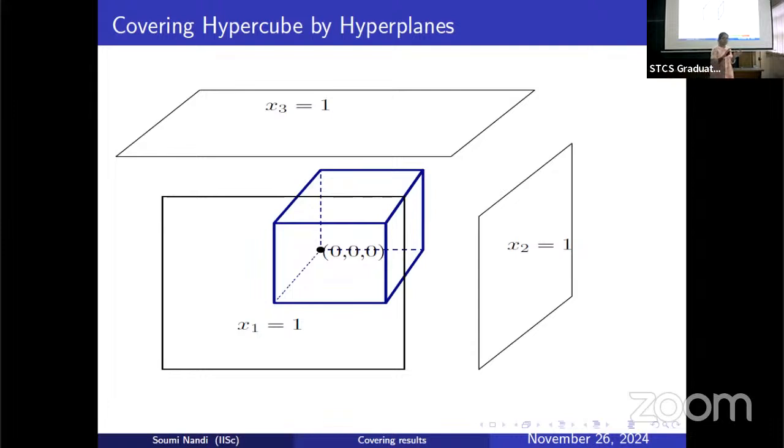So, suppose we have this hypercube and we want to keep the origin, that is all 0, uncovered and cover all the other vertices with hyperplanes. If we take x_i = 1 for all i running from 1 to n, then those n hyperplanes are sufficient, right? But now the question is, can we do better?